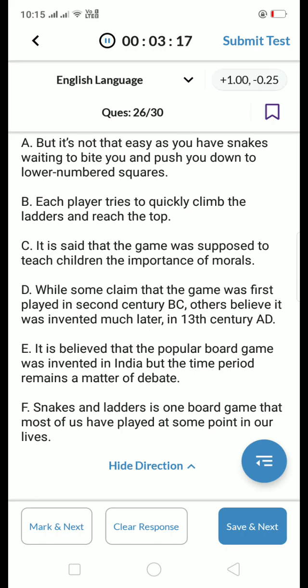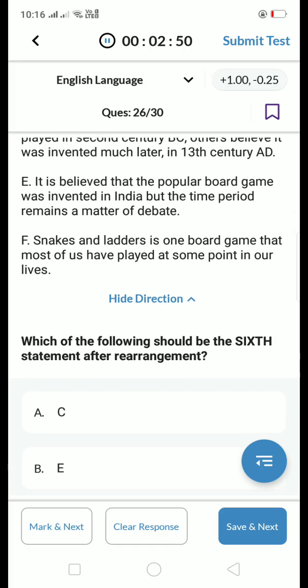It is believed that popular board game was invented in India, but the time period remains a matter of debate. While some claim that the game was first played in 2nd century BC, others believe it was invented much later in 13th century. It is said that the game was supposed to teach children the importance of moral, but it's not that easy as you have. Okay, this is a very tricky actually. ये always tricky ही होता है. Snakes and Ladder F से तो start हो रहा है ना.